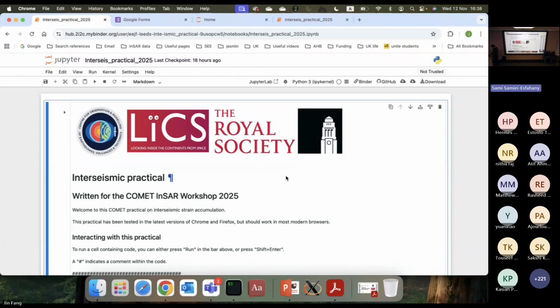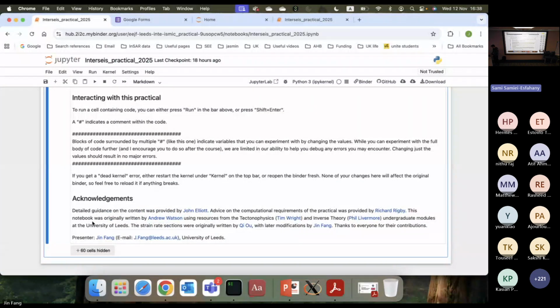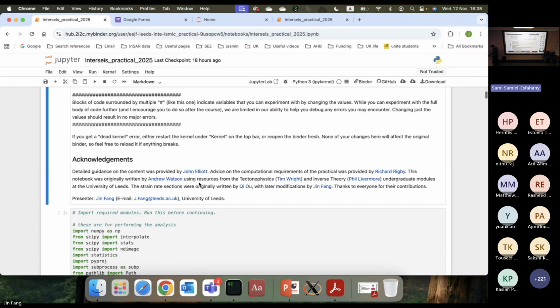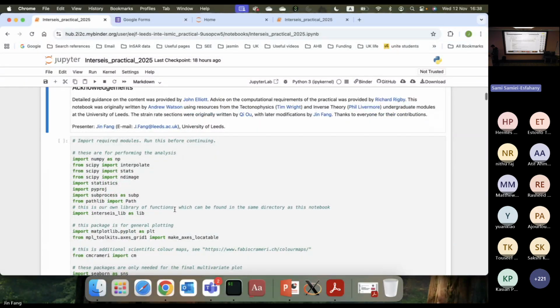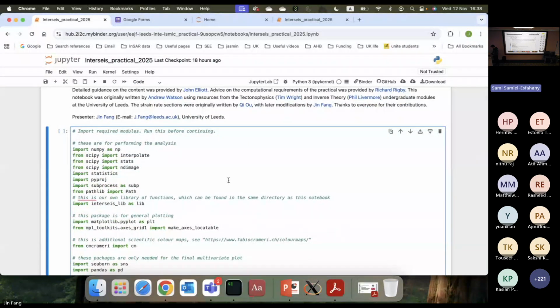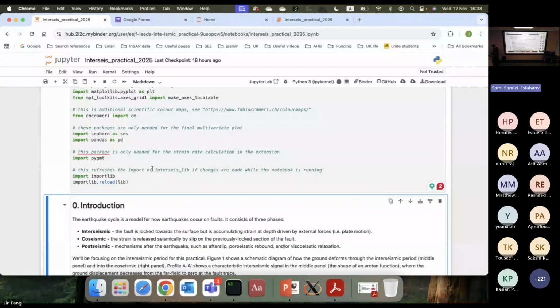Okay, now let's click this button here to show the whole notebook. And let's first import the required modules. You can just press Shift plus Enter. Follow along with me.